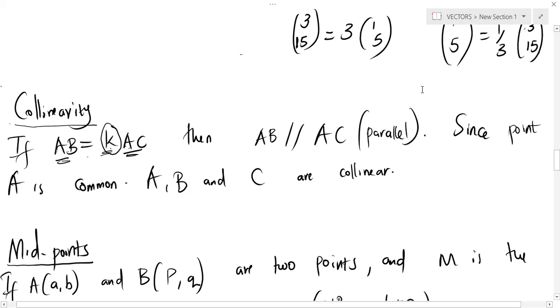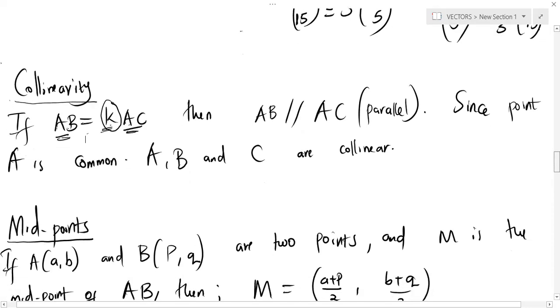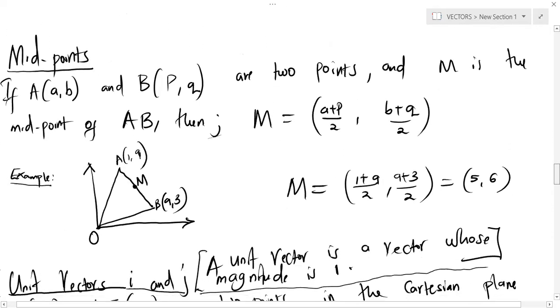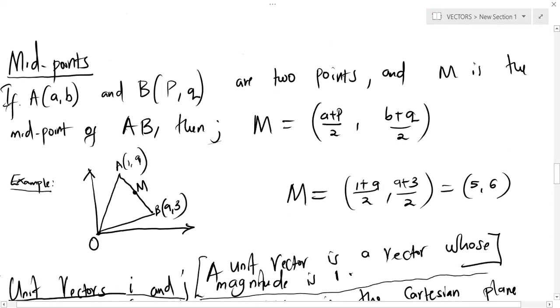Okay, midpoint of vectors. So if we're given two points, A, B, and P, Q, then if we need to find the midpoint, that's like the middle level. So if we have A, B, then we need to find M, which is the middle point of AB.